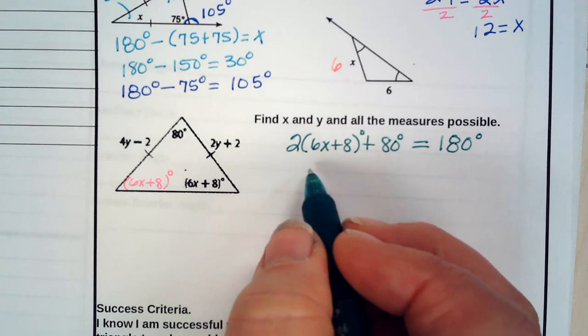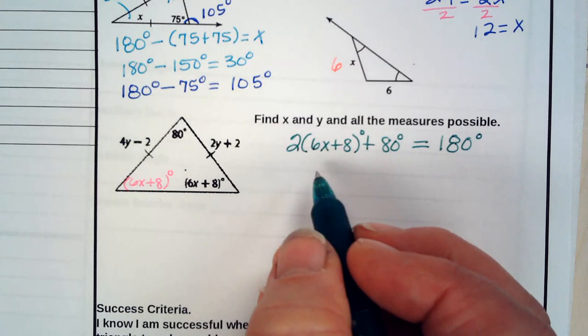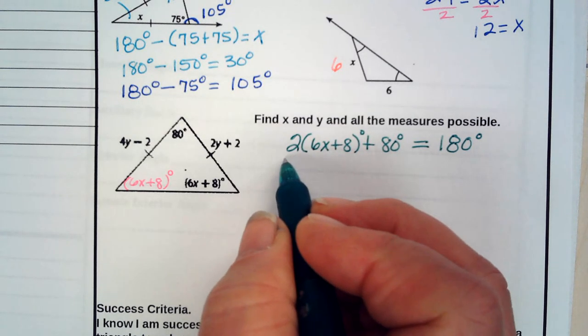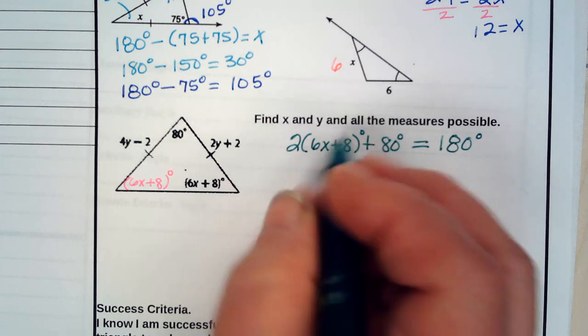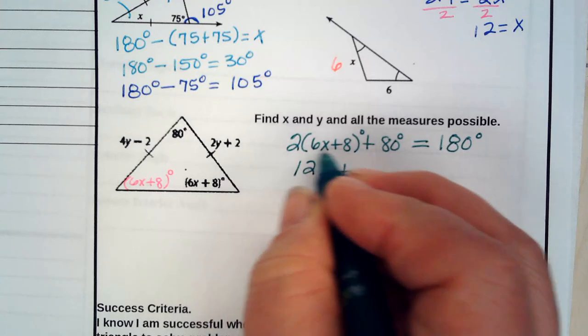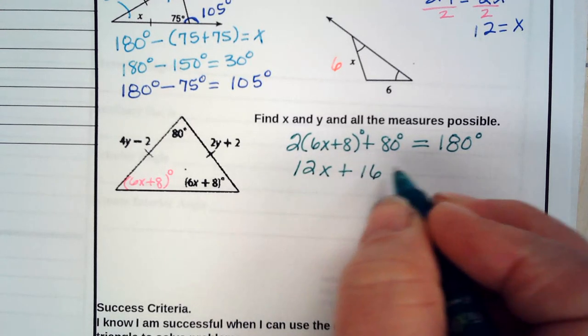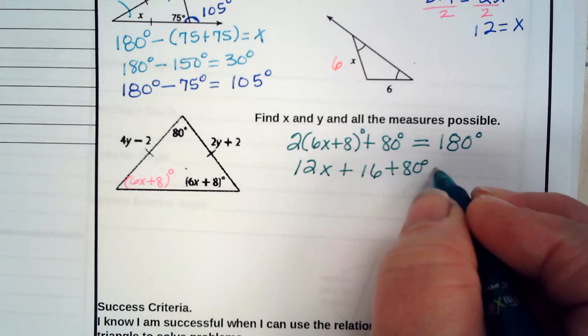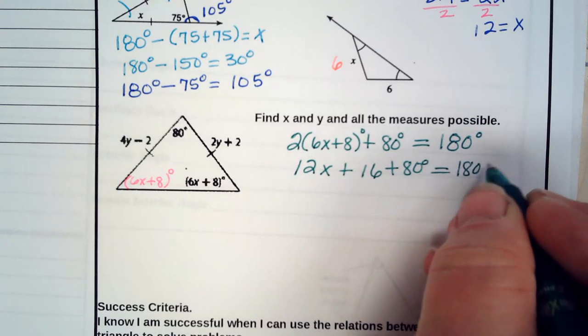Now you could have just put 6x plus 8 plus 6x plus 8. So now I'm going to distribute. 2 times 6 is 12, so this is 12x, plus 2 times 8 is 16, plus 80 degrees is equal to 180 degrees.